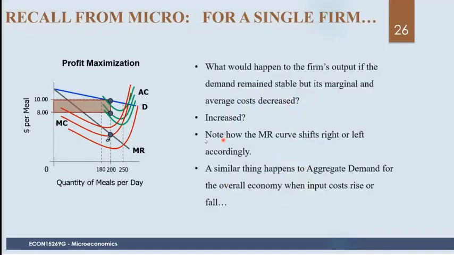Here we have our marginal revenue curve being the same. Now it's going to intersect with the marginal cost curve at a higher output. So here, again, we see that there's a positive relationship between prices and the quantity. So here, the quantity would increase. Don't worry too much about that, we're just trying to add a little bit to it.